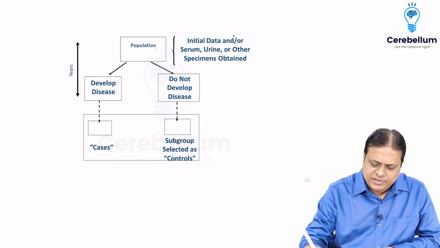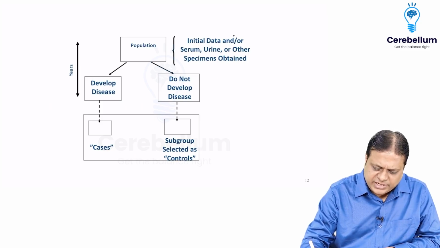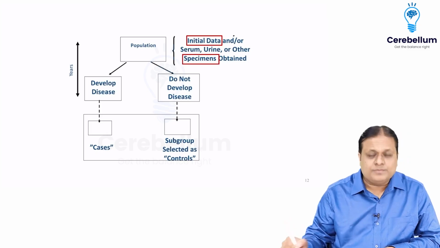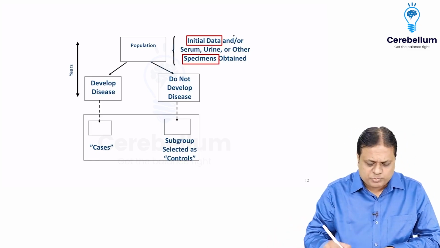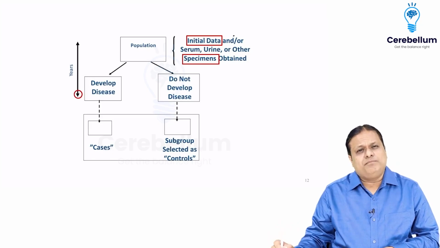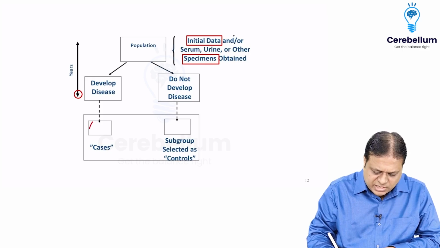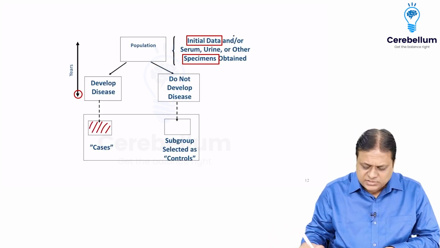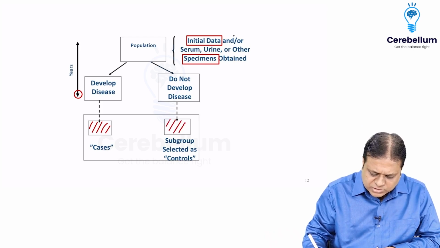Look at this. We first take initial data and we are taking specimens also. Then from this population, we are going in the forward direction for years. When people develop the disease, they are labeled as cases, and from the people who don't develop the disease we select controls.